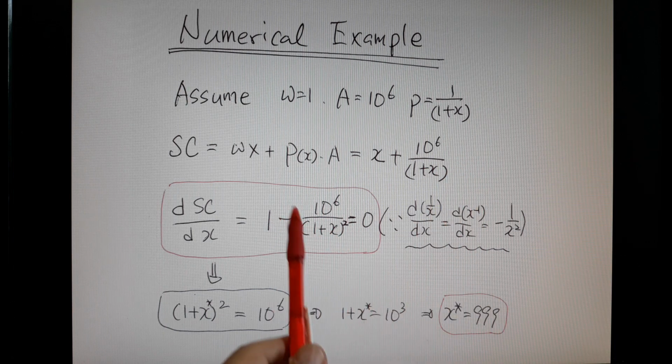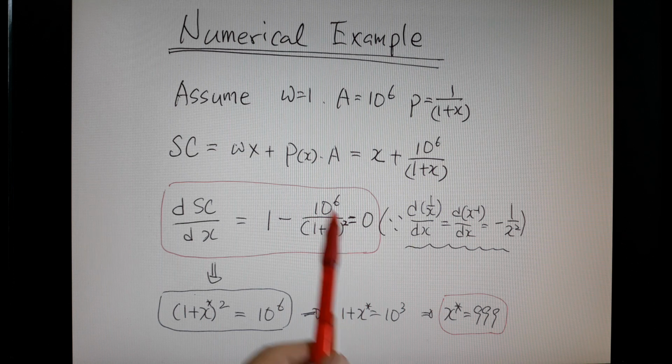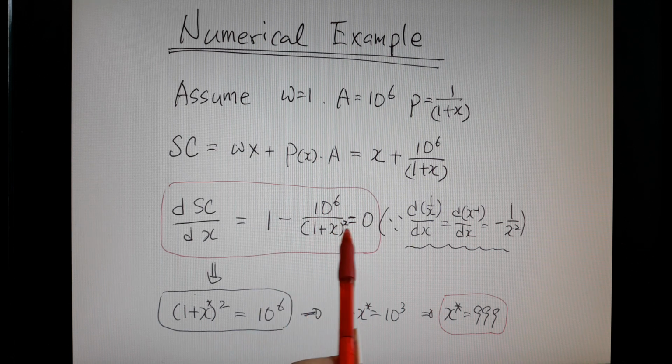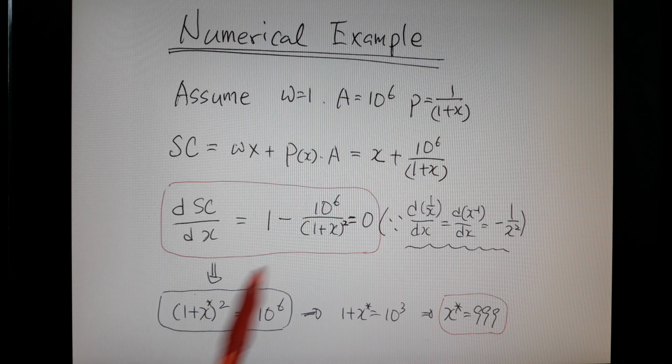That's why we have a negative here. And then because negative 1 jumps out, it becomes negative 2, so 1 plus x powered by 2. Okay? So this is the first order condition. And if any x satisfies this, that x would be the optimal precaution level, which minimizes the whole social cost.